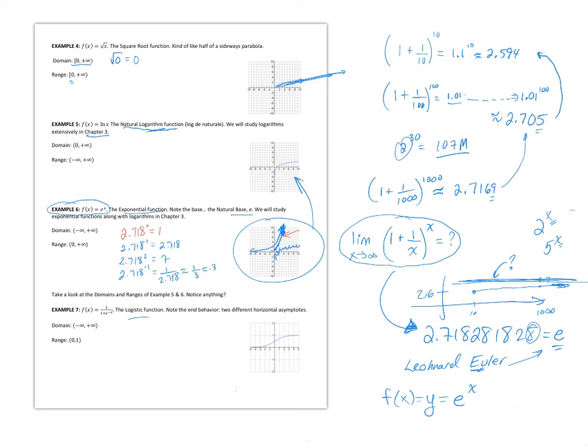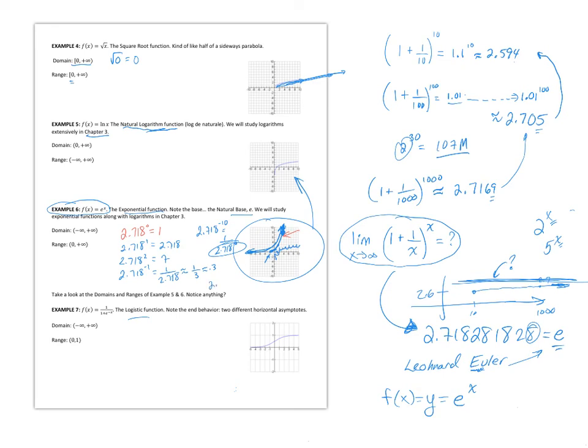So as you go to negative 1, you're going to have these small y values that are down here close to the x-axis. And by the time you get to 2.718 to the negative 10th, you get 1 over 2.718 to the 10th. Well, that's going to be a really big number, but it's in the denominator, which is going to make your fraction really small. So the closer we go out here to the left, the closer you're going to get toward y equals 0. But you're never going to hit 0, because I don't care what x is.